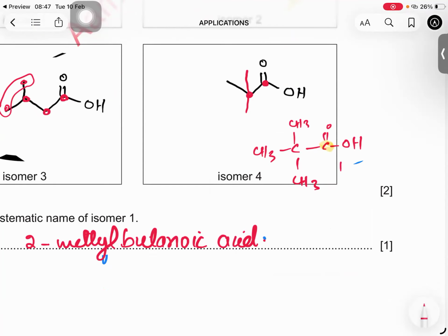Okay, this is I believe 165 to 180. कितना है? No, the carboxylic acid वाला.